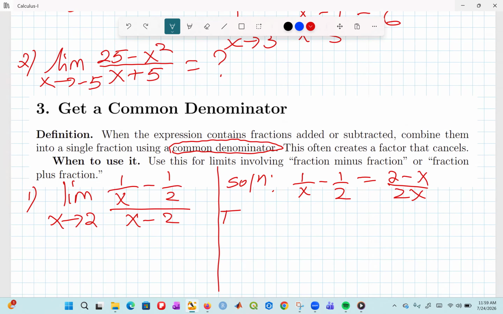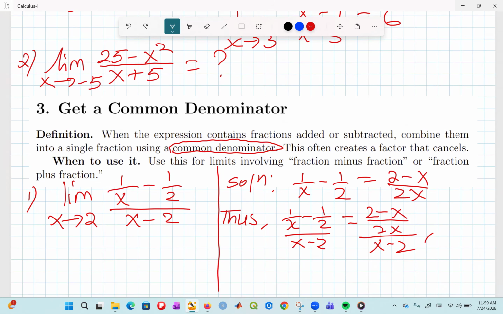So what we have: 1 over x minus 1 over 2, all over x minus 2, equals 2 minus x over 2x, over x minus 2. By the way, 2 minus x is the same as the negative of x minus 2.